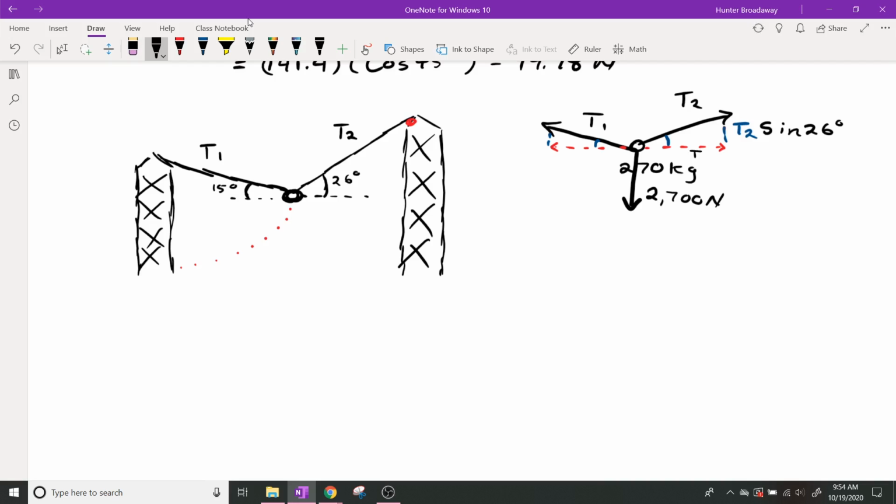The one on the bottom is T2 what? Yeah, there's going to be a lot of subscripts. This is T2 cosine 26. The other one, vertical, is the same way. So this is T1 sine 15. And then we're going to do T1 cosine 15.